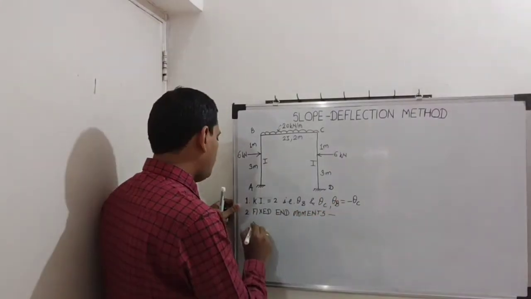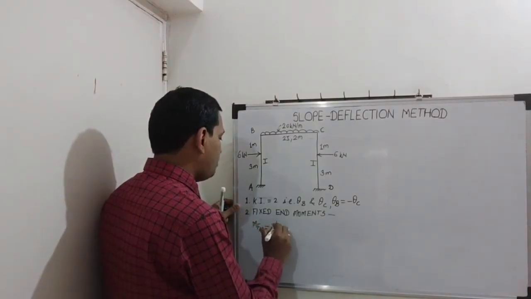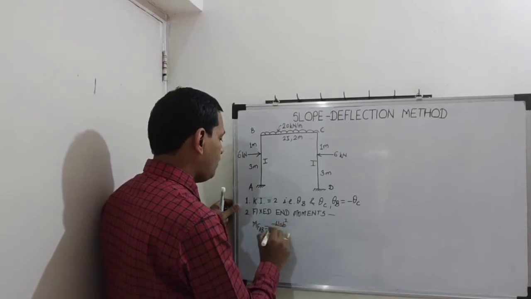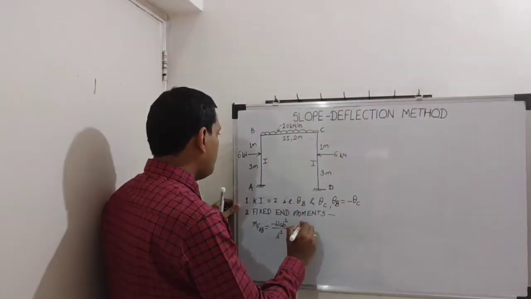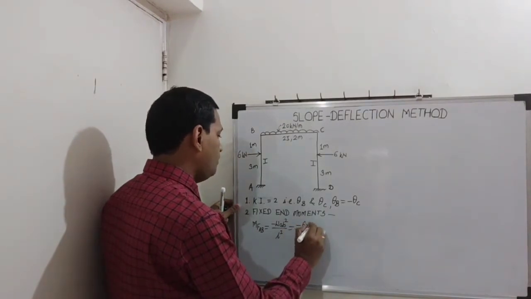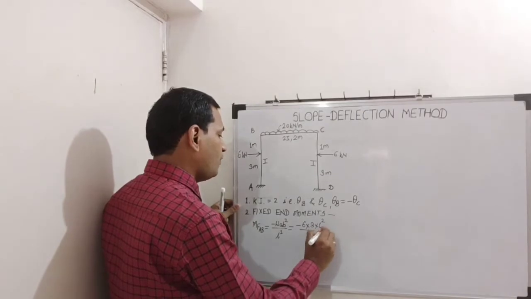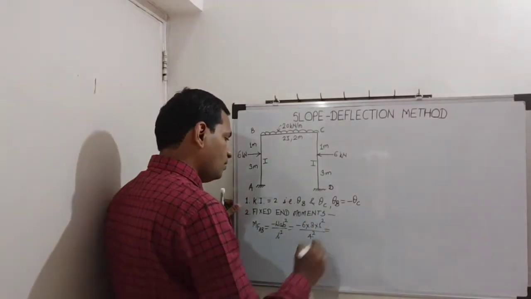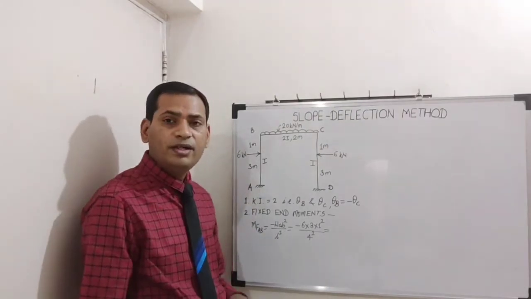So let us find this. MFAB is minus W a b squared upon L squared. So it is minus 6 into 3 into 1 squared upon 4 squared. So it is minus 18 upon 16. Let us calculate this value.